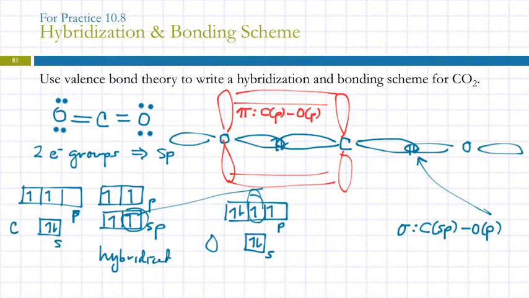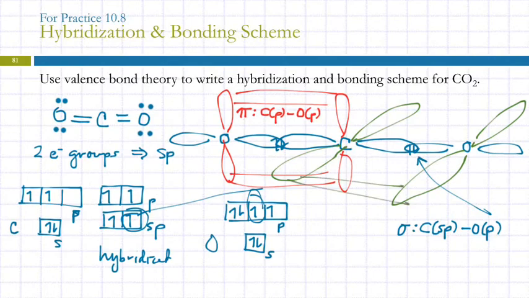Carbon has another p orbital that's going in and out of the plane of the screen. This oxygen, it's got 3 p orbitals, right? It's got this one that we're using for the sigma bond. It's got one going up and down. We're going to say, well, that one's going to have the lone pair in it, and it's got another one going in and out.